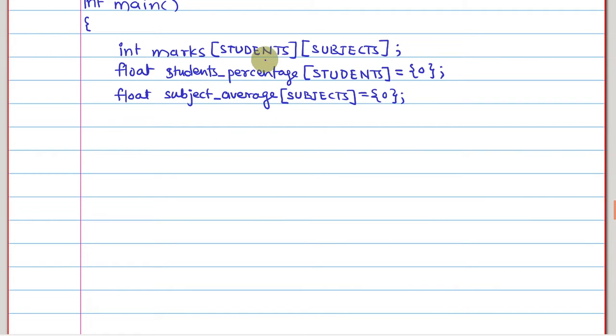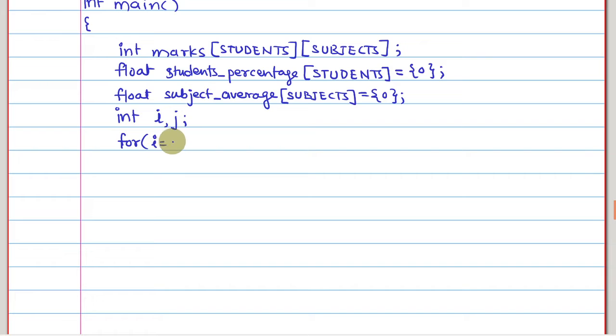Now to scan into this array from the user, we will need nested loops. So for that we will need counter control variables. Let's declare variables for the outer and inner loop, right? Now let us scan into the two-dimensional array marks using a for loop.